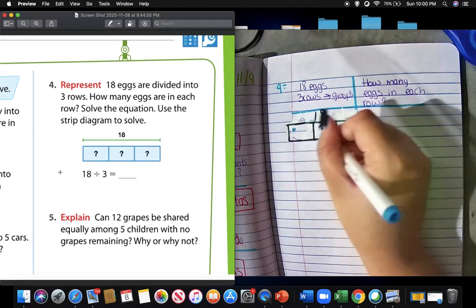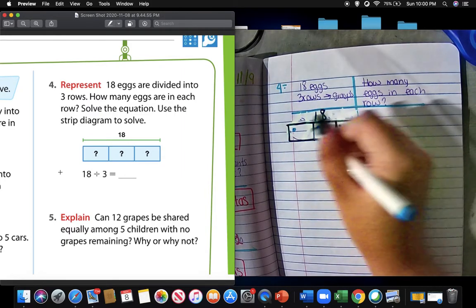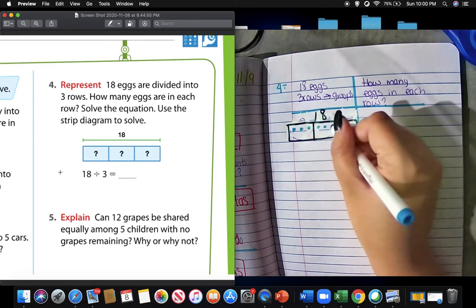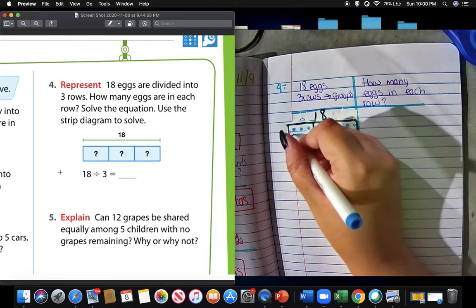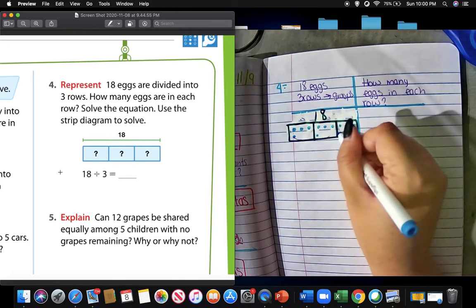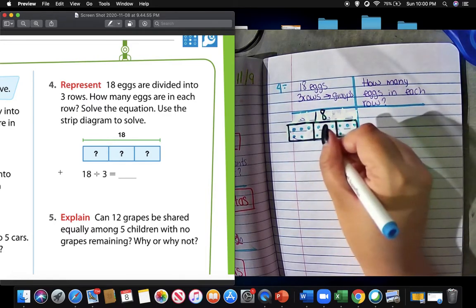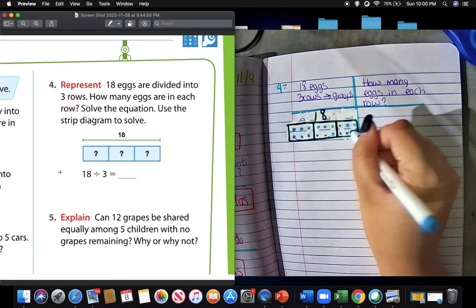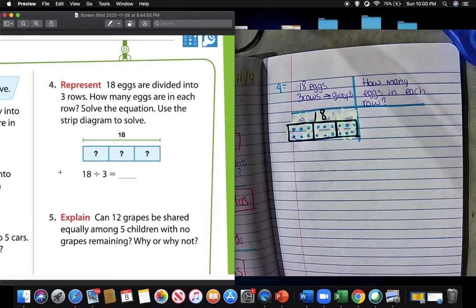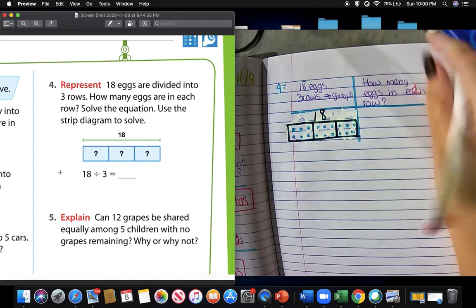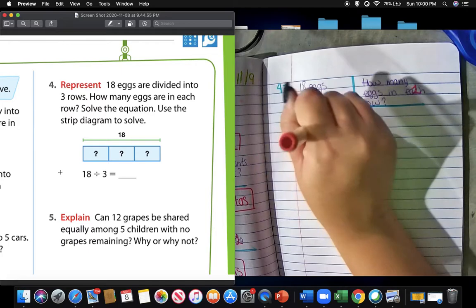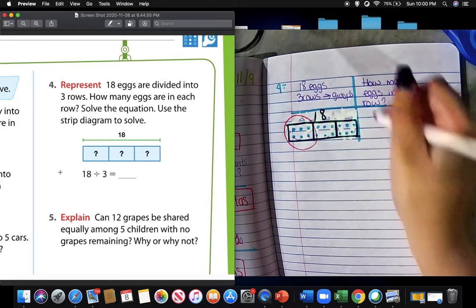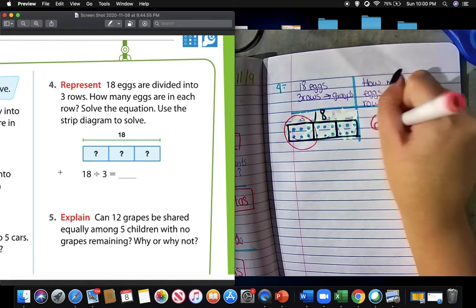So 1, 2, 3, 4, 5, 6, 7, 8, 9, 10, 11, 12, 13, 14, 15, and 16, 17, and 18. So how many do I have on each group? Again, each means 1. So how many do I have here? I have 1, 2, 3, 4, 5, 6. So 6.